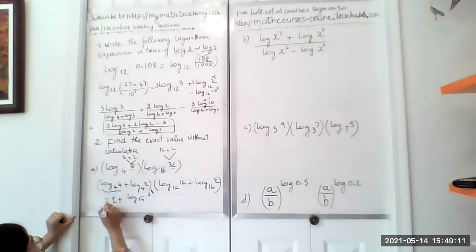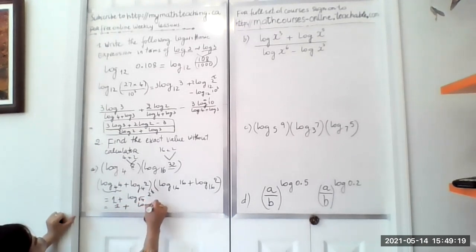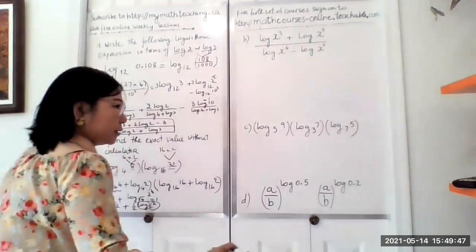So by doing this, we have 1 adding with log 4 of 2 to the 1/2, where we can bring the 1/2 in front. Now it turned out log 2 of 2 is just equal to 1, right? So therefore we have 1 adding with 1/2, because 1 times 1/2 is just 1/2. So we can get rid of this as well, right? Because that should equal 1.